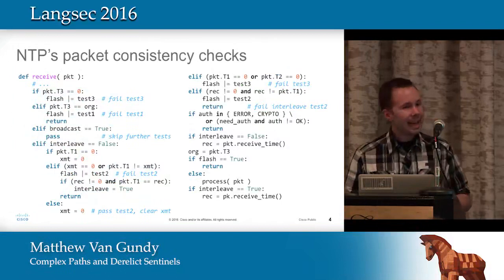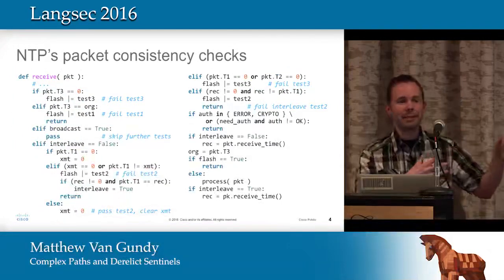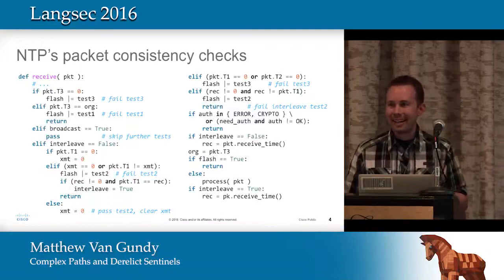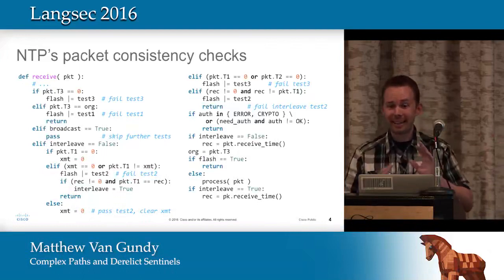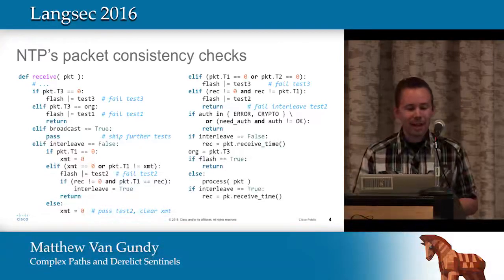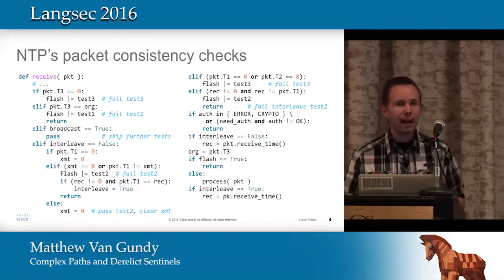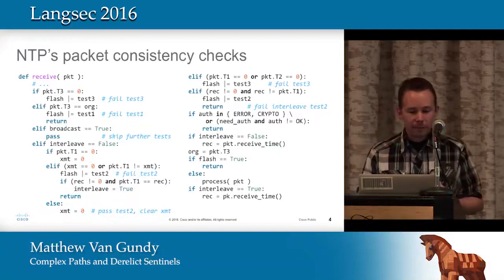So this is an incredibly simplified view of NTP's packet consistency checks. And yeah, I'm not kidding, incredibly simplified. And rewritten in Python to make it a little bit easier to follow. I wanted to walk through this to show how these things play out.